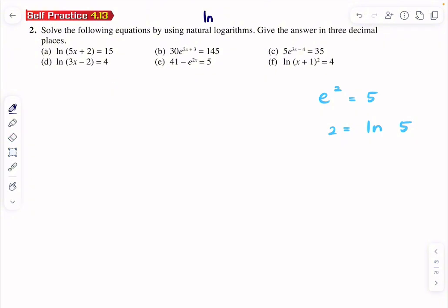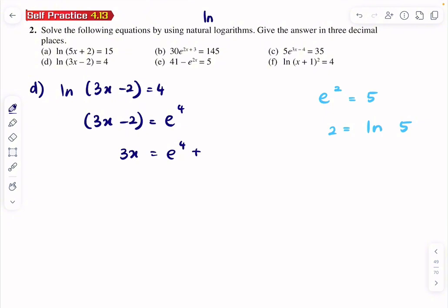Okay, let's look at D. D is similar to A. So we have ln(3x - 2) equals 4. So ln, when we move this side, it becomes e power 4. Let's make x the subject. So 3x is e power 4 plus 2. x will be (e^4 plus 2) over 3.